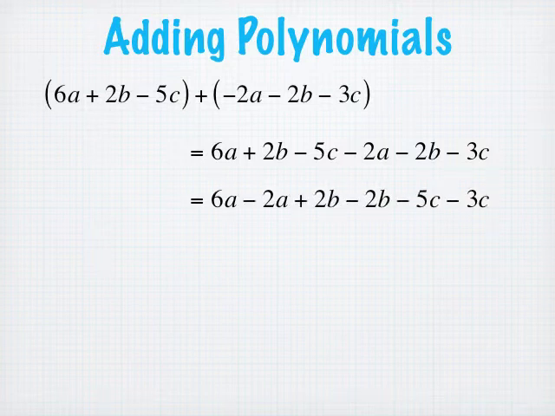So again, you don't need to write this step, but it's helpful if you're kind of confused about what's going on. Now the 6a minus 2a would give me 4a. The 2b minus 2b would cancel, and the negative 5c minus 3c would give me negative 8c. And I can't go any further because those guys are not like terms. Okay, make sure that one looks okay, and then we'll go on to the second.